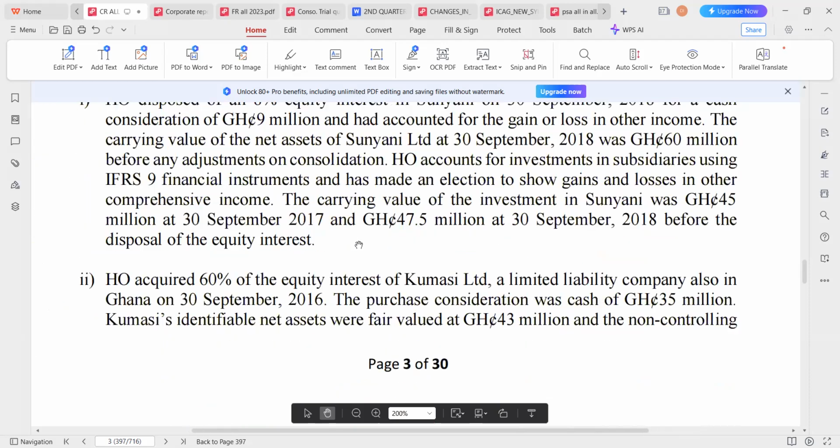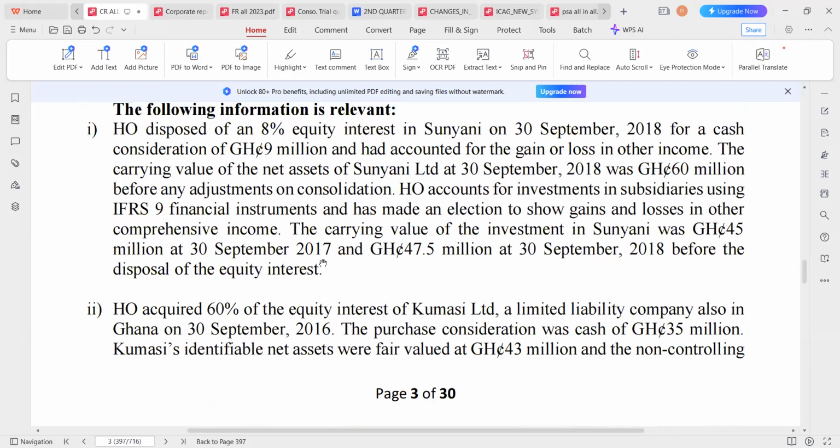All right, so note 1, there's no issue here. It's just a good old calculation. The disposal, you just have to calculate the gain or loss. Here control is not lost. They own 60%, they dispose 8.